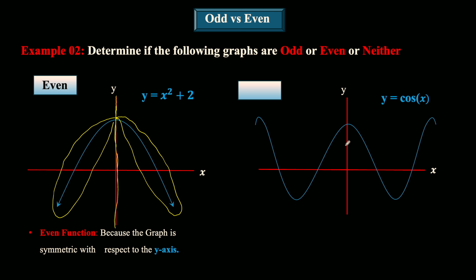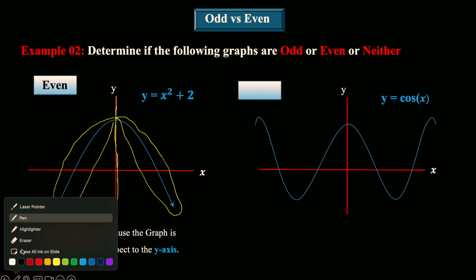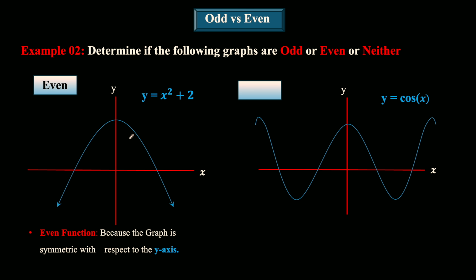Now coming to this one, again we see that this graph does not cross the origin, as you can see also. So we see that this function didn't cross the origin and it is symmetric with respect to the y-axis. This is the same case. Why is it symmetric?